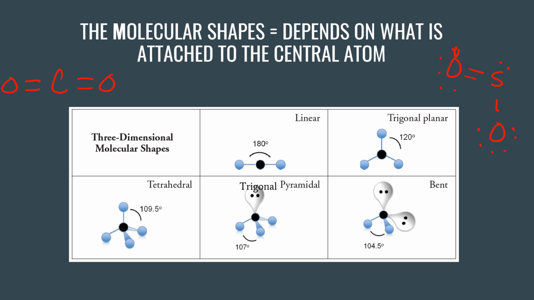If it's a double bond or a single bond, that still counts as one domain. Like this is one domain, this is one domain, etc. The non-bonding domains are the lone pairs on the central atom.